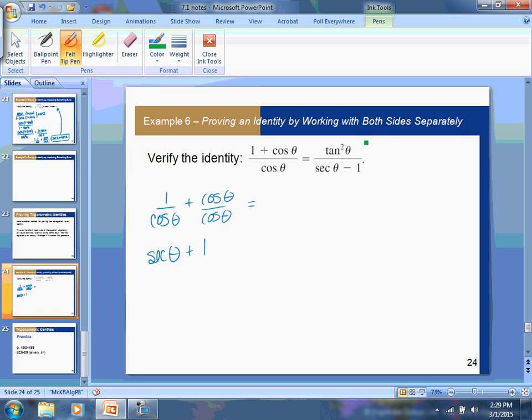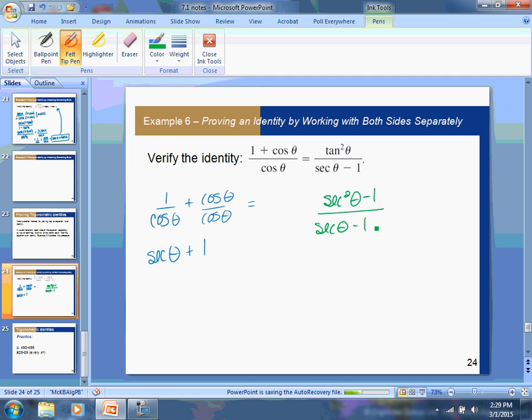Okay. Now tangent squared theta, hopefully you know that that's one of our Pythagorean identities, and it's equal to secant squared minus 1. So I will rewrite that tangent squared.